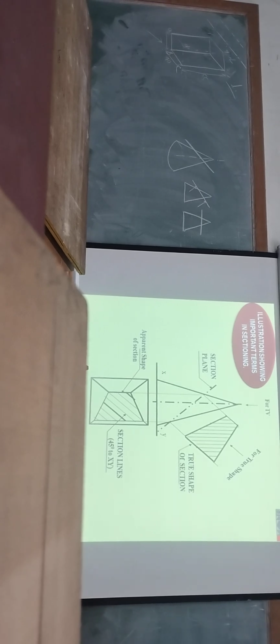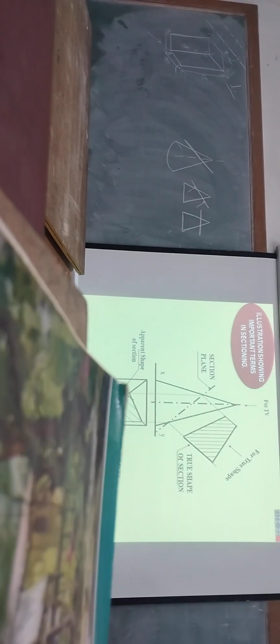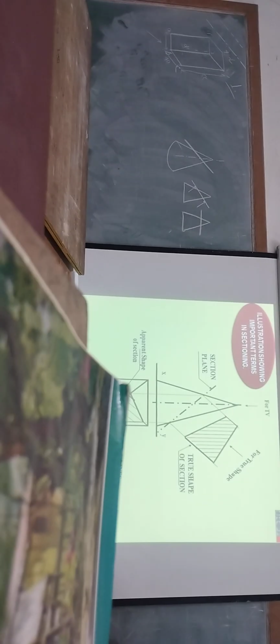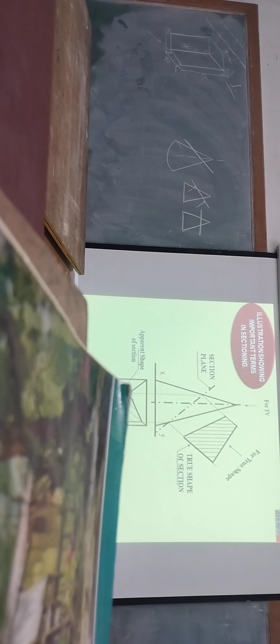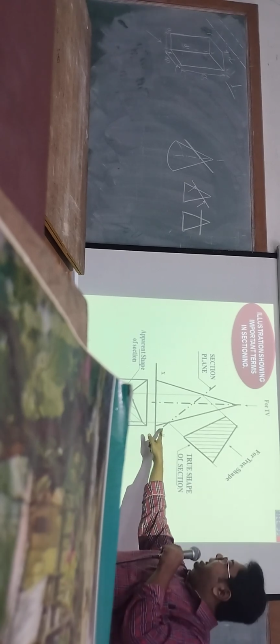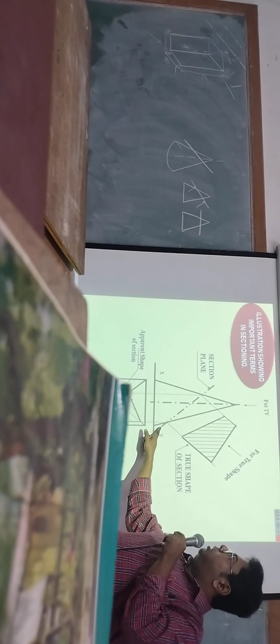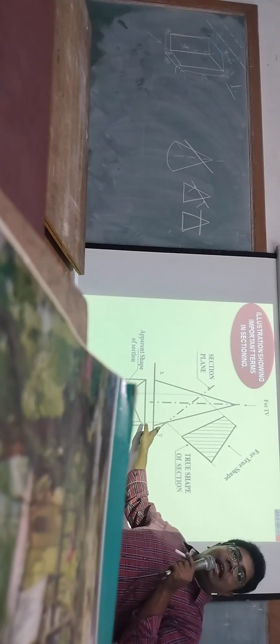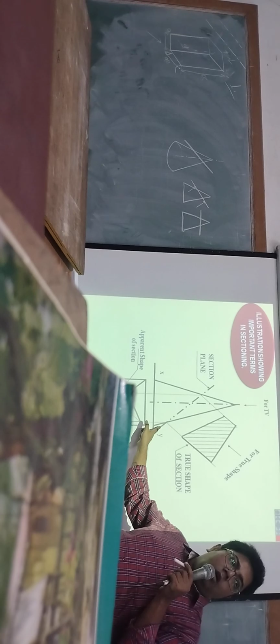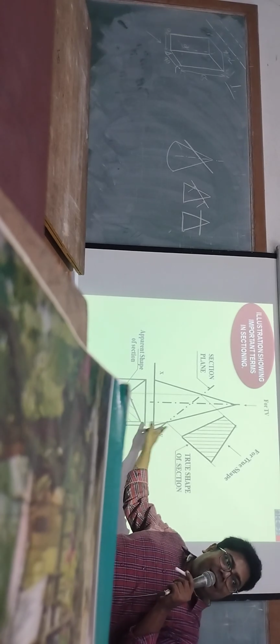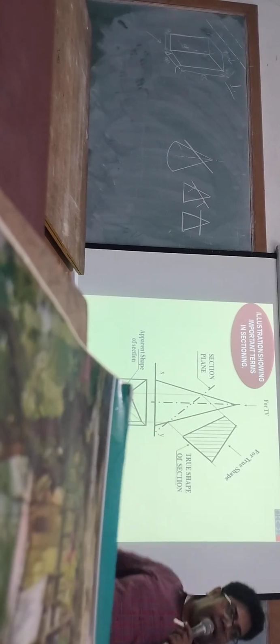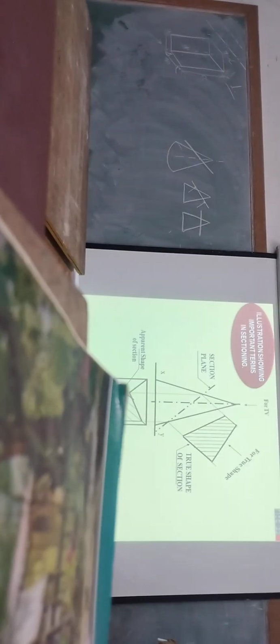Actually, the first problem is given on this. This is the first problem in your assignment. I will discuss it further. But if it is a pyramid, this figure you see, a square pyramid, and you cut it along this line, this line is called the section line or cutting line, and the plane passing through this line is called the cutting plane or section plane.